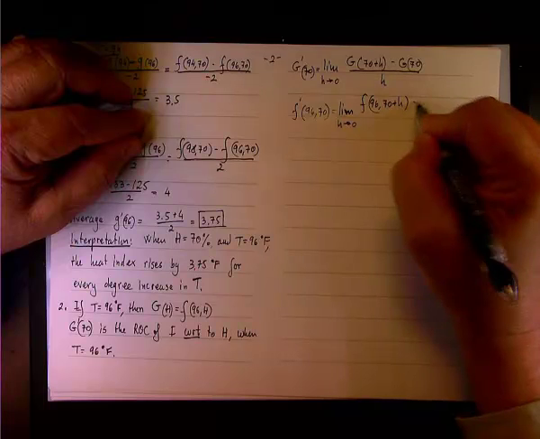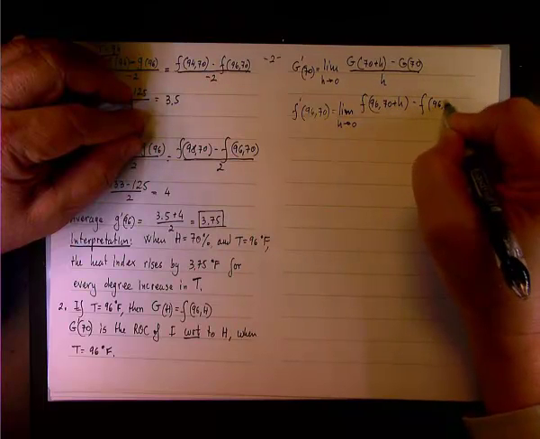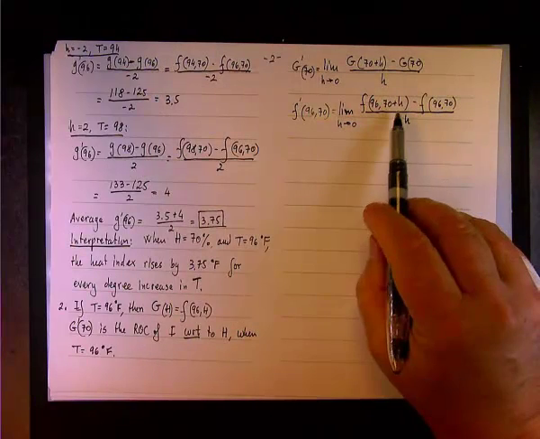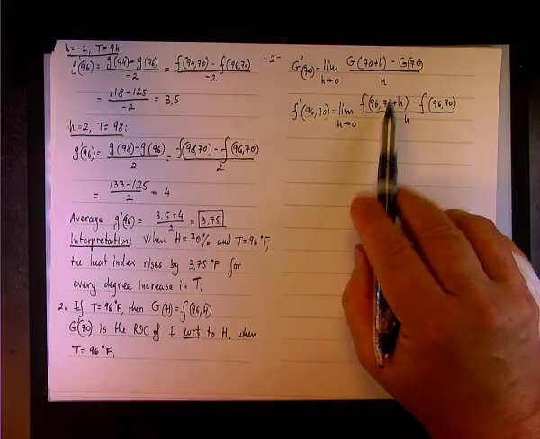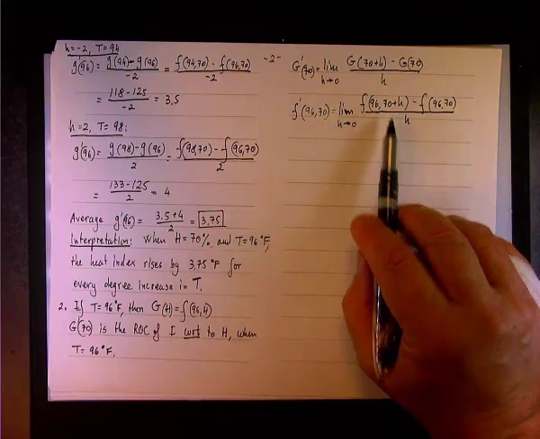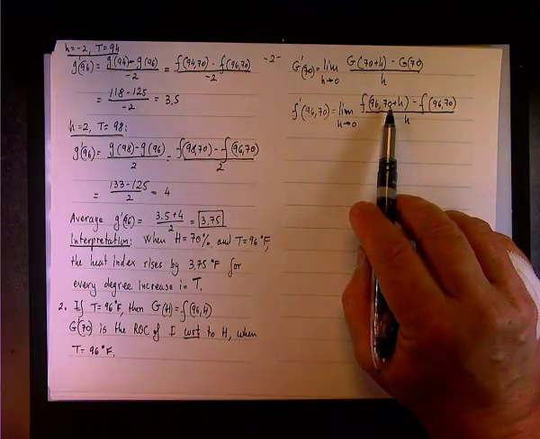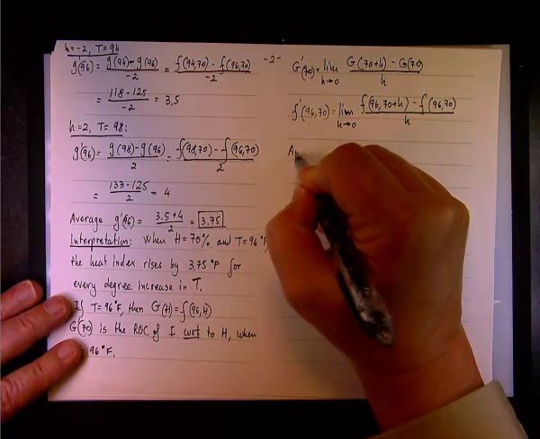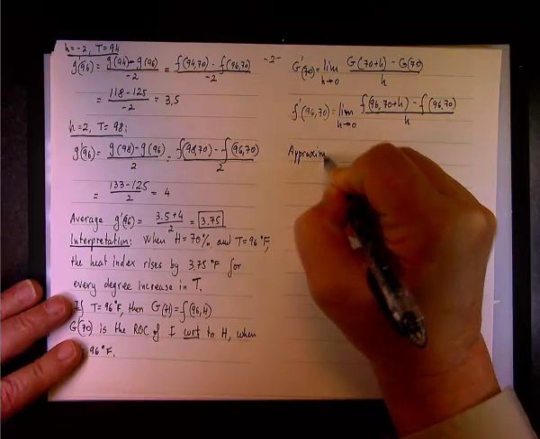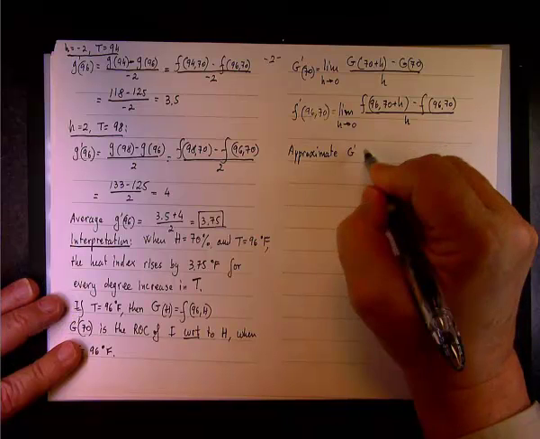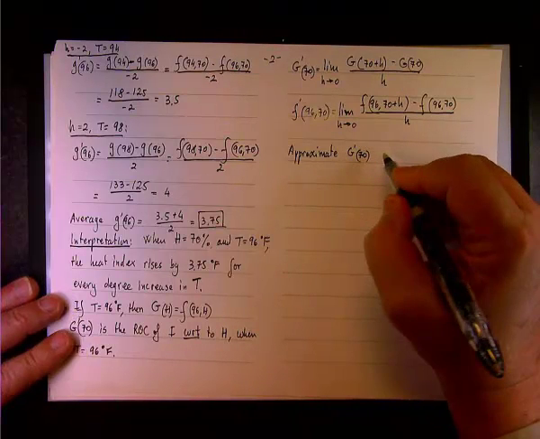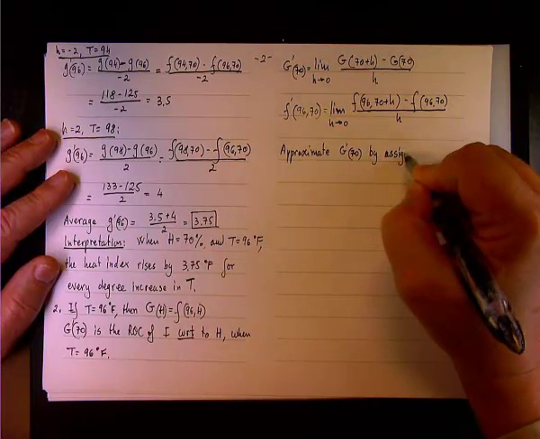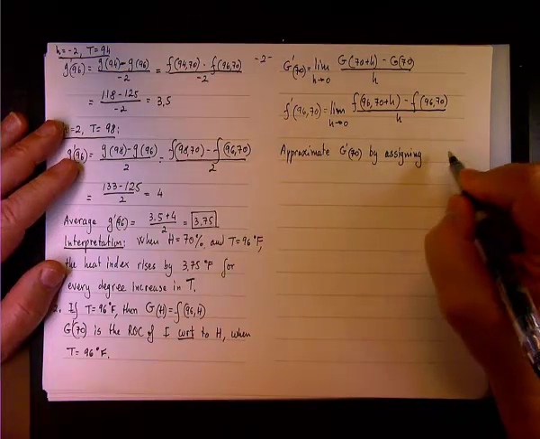I'm sorry, 96 and 70. We hold the temperature fixed at 96, so we evaluate it at 70, will be the limit as H approaches 0 of F of 96, and here we have 70 plus H, minus F of 96 and 70, divided by H. So H now is added to the second variable, not to the first variable, as we evaluated at 70.